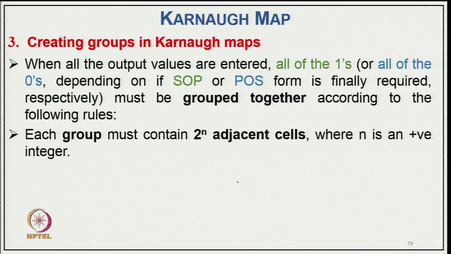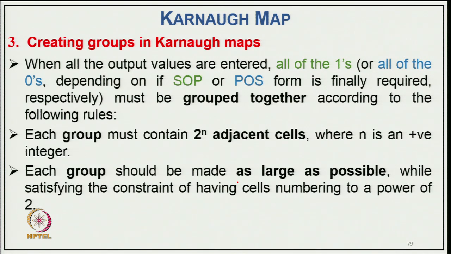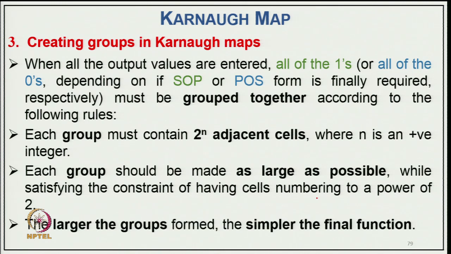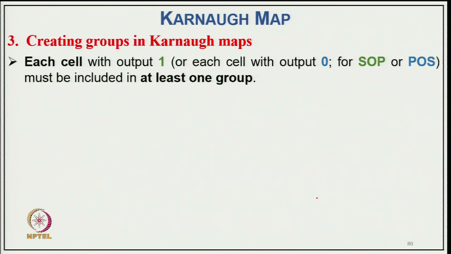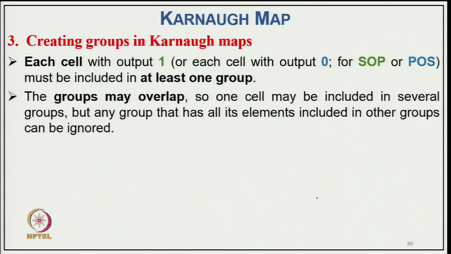Each group must contain 2 to the power n adjacent cells, where n is a positive integer, and each group should be made as large as possible while satisfying the constraint of having a cell count that is a power of 2. The larger the group formed, the simpler the final function will be. Each cell with 1, or each cell of output for either sum of products or product of sums, must be included in at least one group, and the groups may overlap.